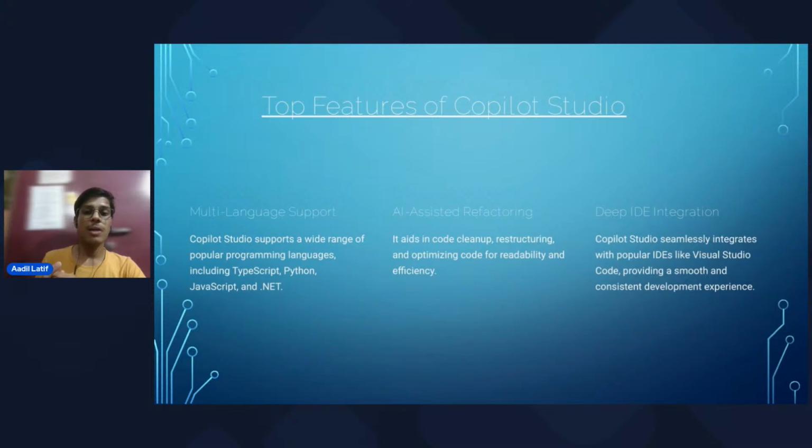So basically, it allows the developer to access its features directly within their coding environment. If I am using VS Code, then Copilot Studio will integrate into VS Code, and VS Code has the capability to integrate Copilot Studio, and it provides us real-time assistance, not 24/7 assistance.